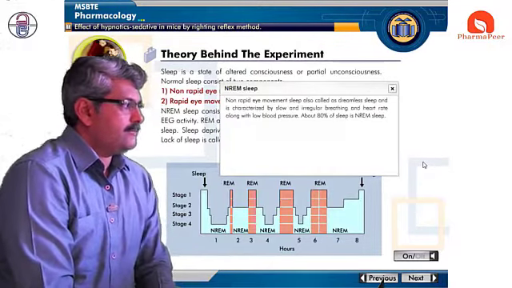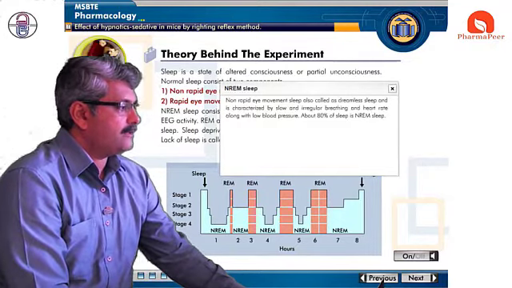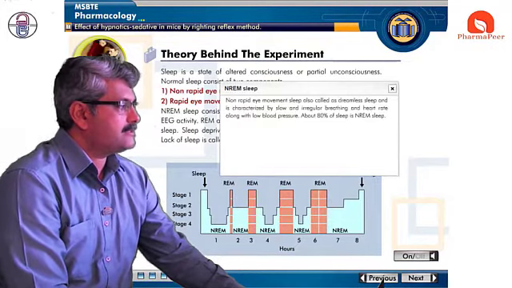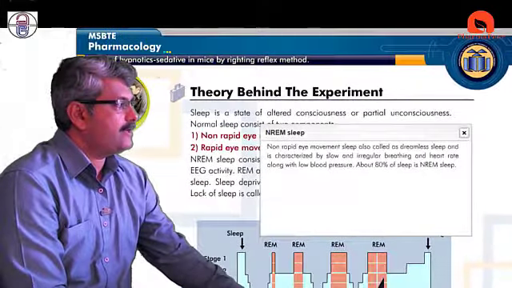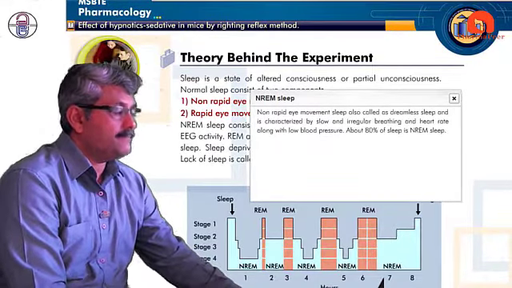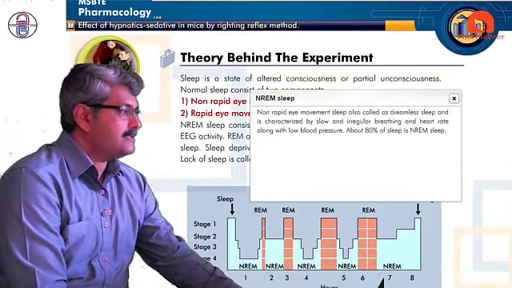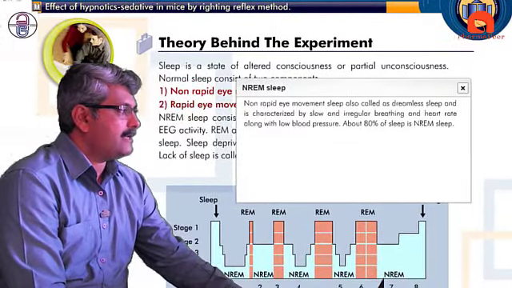This is one of the most important things that we are going to see, the different parameters that we could observe in sleep. Whenever sleep consists of these parameters, REM and NREM, it is necessary that we understand what exactly happens in REM sleep.